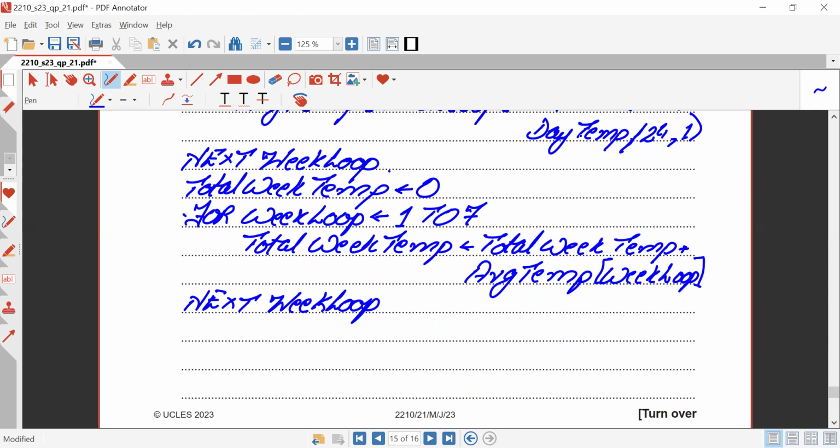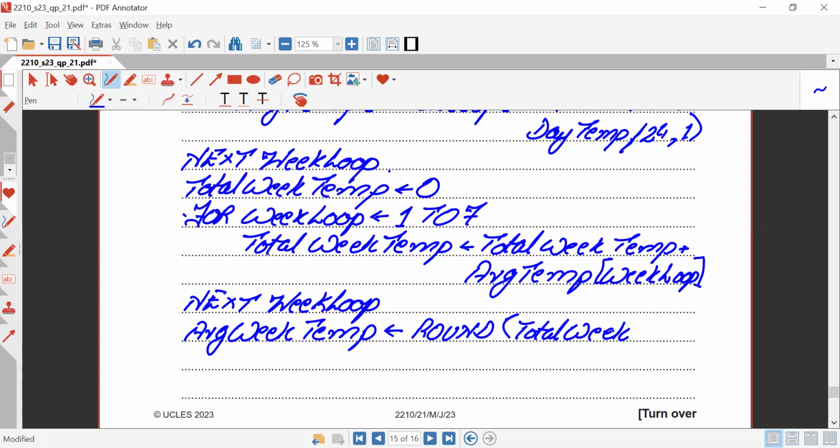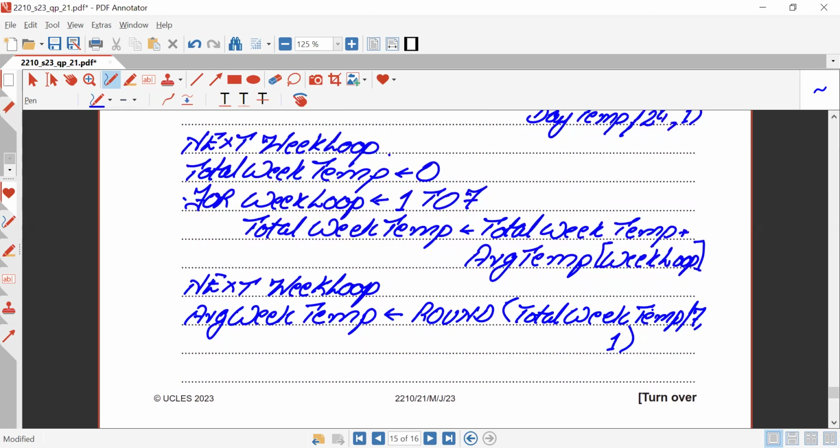So we are saying average week temp will be assigned a value round total week temp, that we just took out, divided by 7, comma 1. So this is how we will be taking out the average.